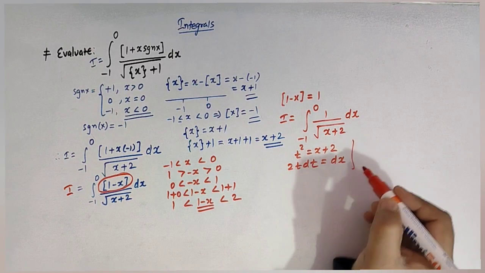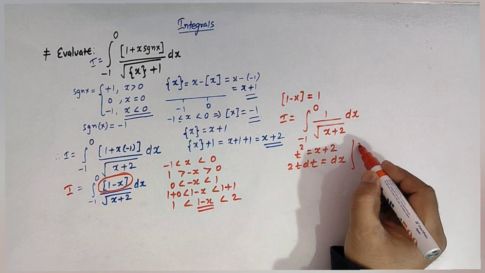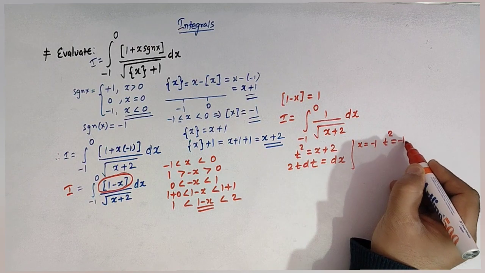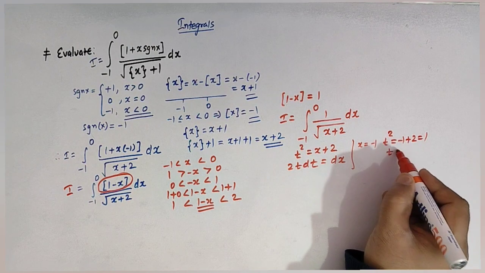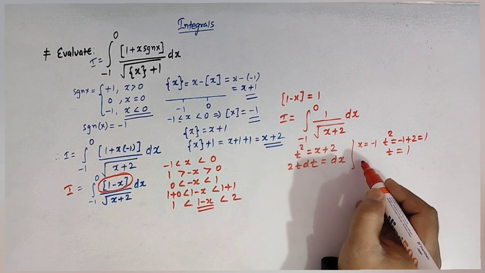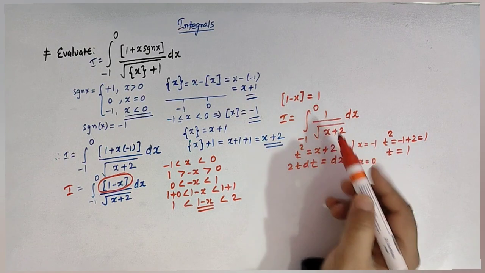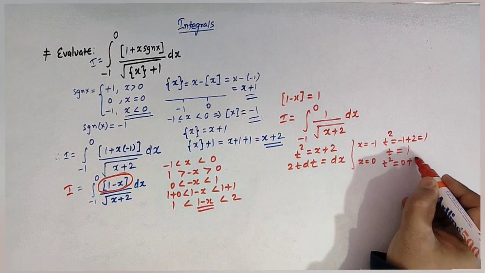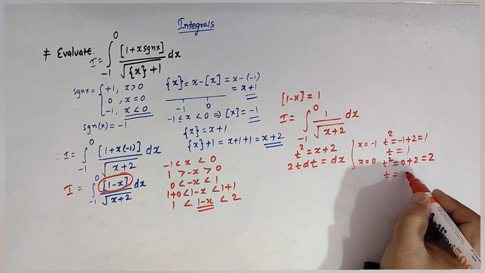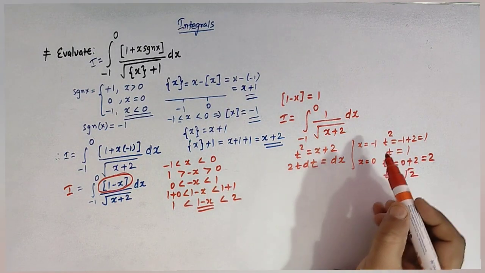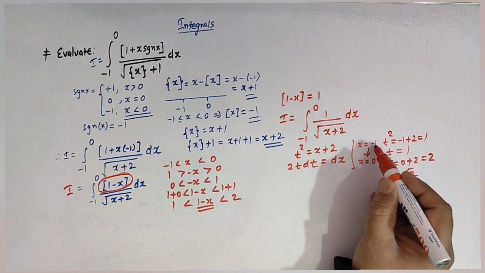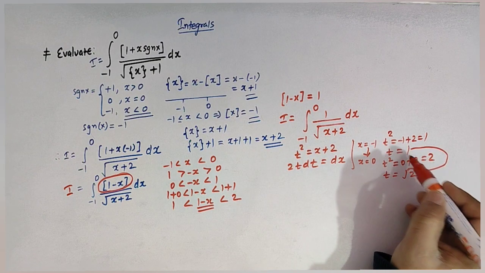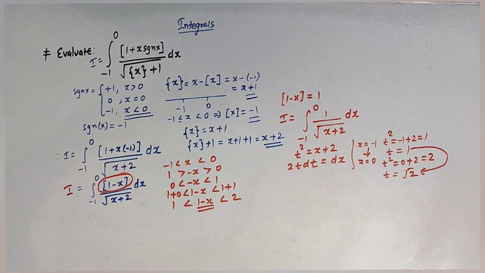Now let us change the limits. When x is -1, t squared is -1 plus 2, that is 1, so t is 1. When x is 0, t squared is 0 plus 2, that is 2, so t is equal to square root of 2. So when x varies from -1 to 0, t goes from 1 to square root of 2.